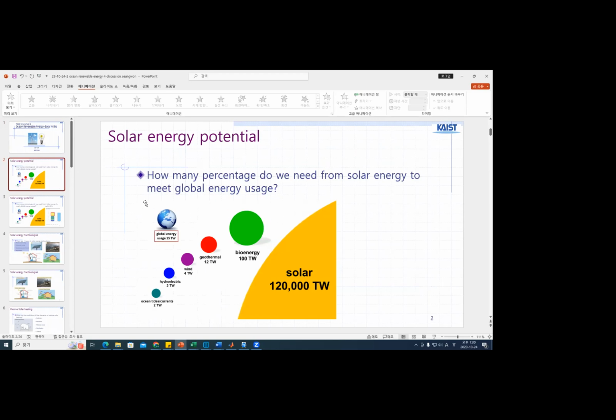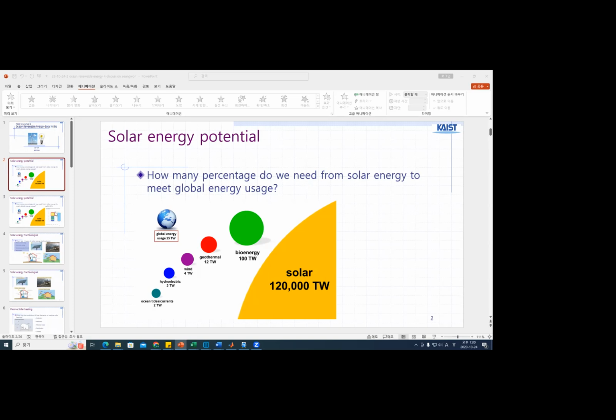According to this picture, can you calculate what percentage of solar energy we need to meet global energy usage? So it is around 0.01% of the solar energy.